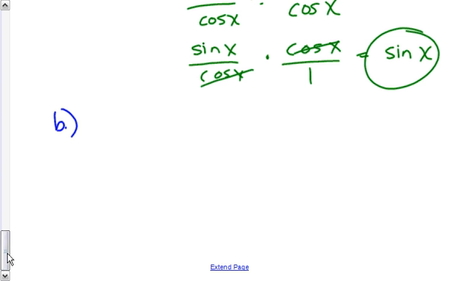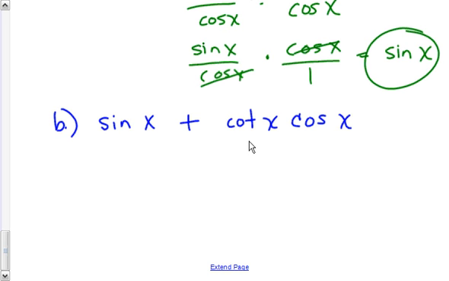Alright, B. Sine of x plus cotangent times cosine. And if they put them side by side like that, it means they're multiplying. Sometimes they put parentheses around them, sometimes they just put them side by side. Okay, so our directions were to put everything in terms of sine and cosine and simplify.